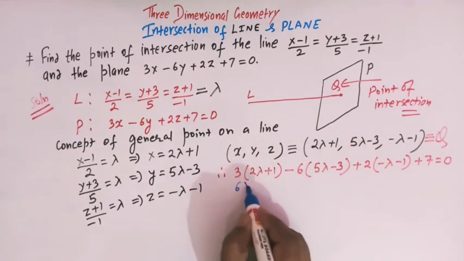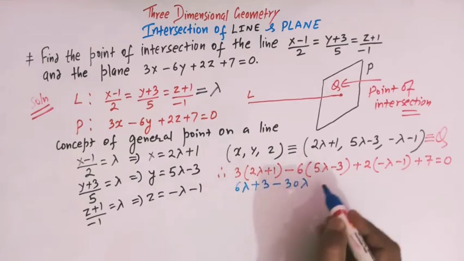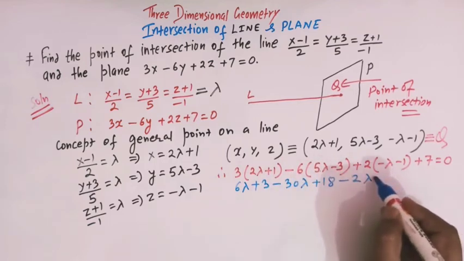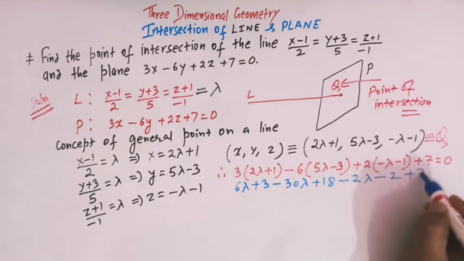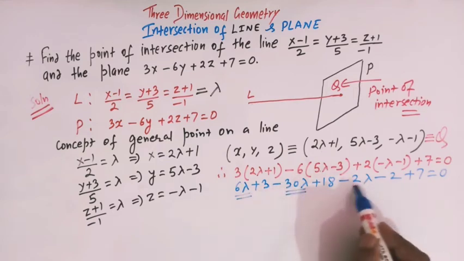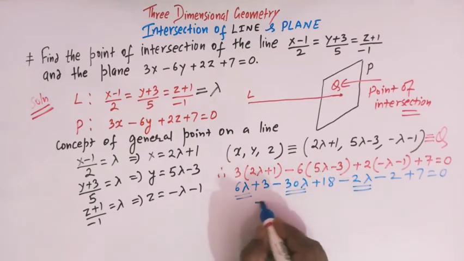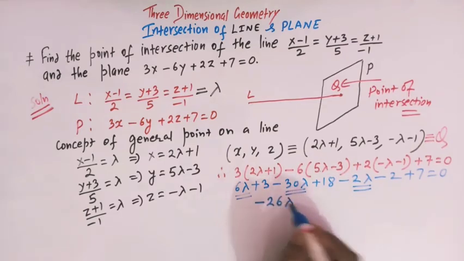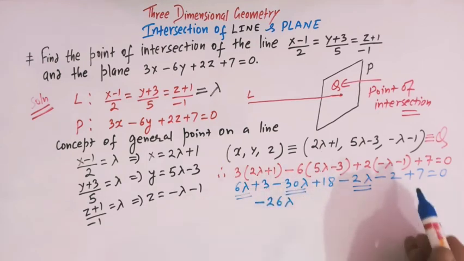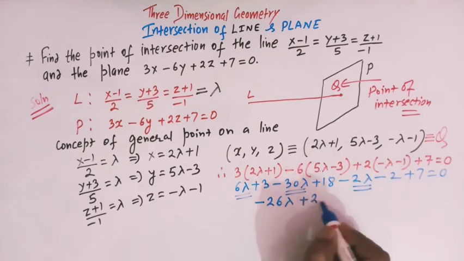This is 6 lambda plus 3, minus 30 lambda plus 18, minus 2 lambda minus 2, plus 7. 6 lambda minus 30 lambda minus 2 lambda is minus 26 lambda, and 3 plus 18 is 21, 21 plus 7 is 28, 28 minus 2 is 26.